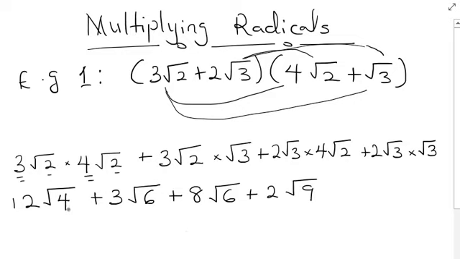So now we need to simplify further. What is the square root of 4? Square root of 4 is 2. So 12 multiplied by 2, because of the square root of 4 here.